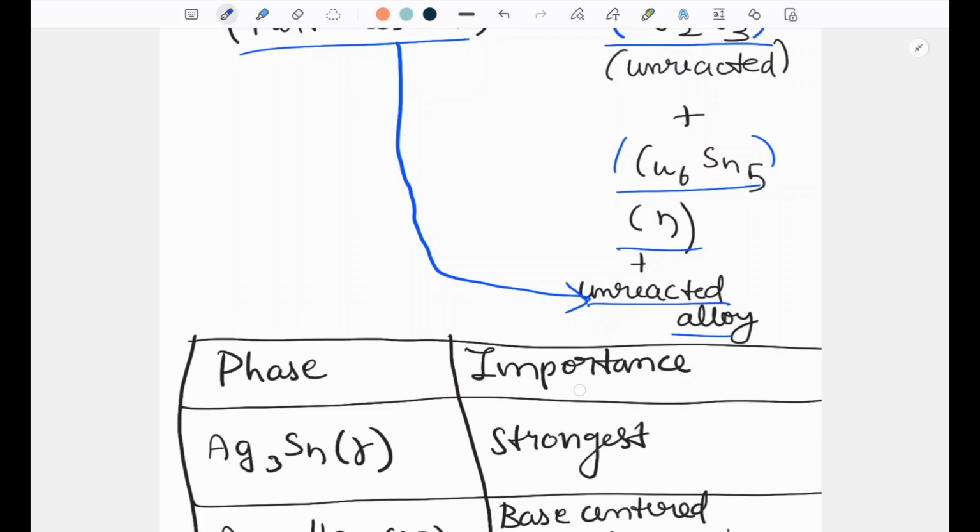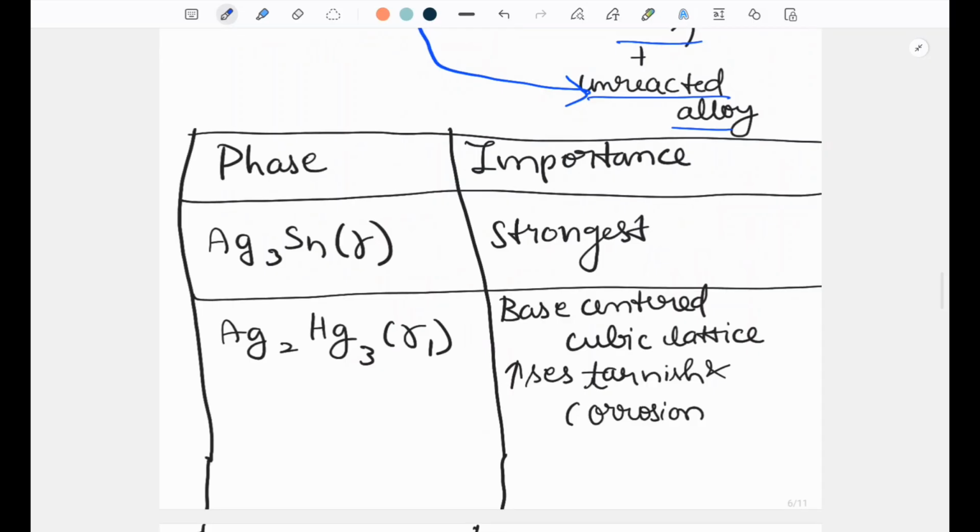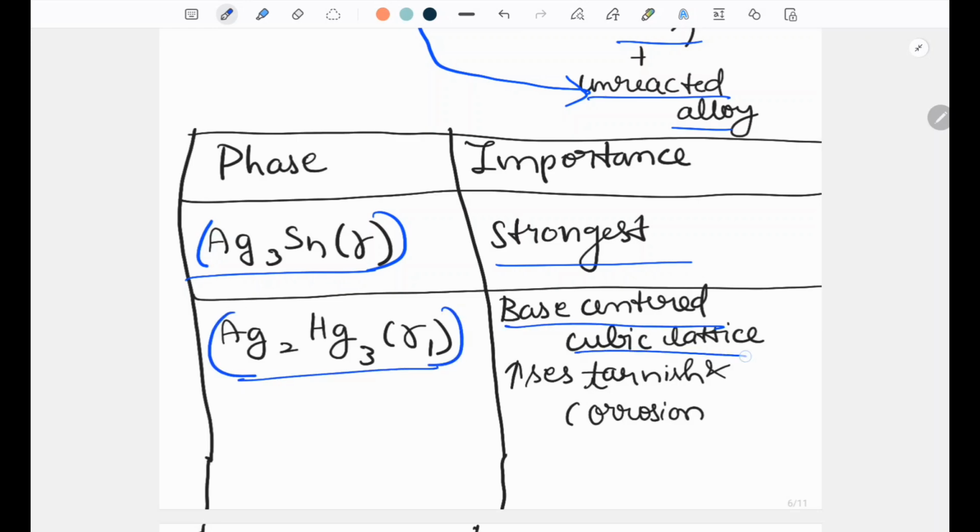So during the formation of the amalgam alloy, as we know, the major phase is the silver tin gamma phase, which is the strongest of all the phases, and then silver mercury gamma 1 is a body centered cubic lattice. So what is a body centered cubic lattice? A lattice is a space.